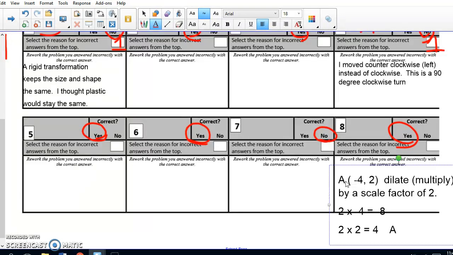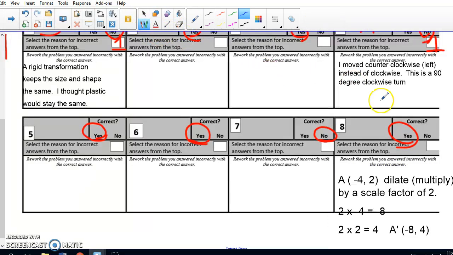And so my new A prime is going to be -8, 4, which is correct. That explains how to get the right answer, because the correct answer for this one was C.